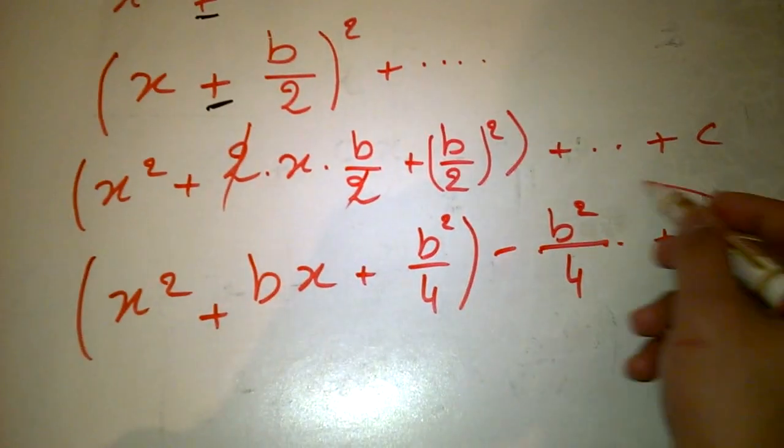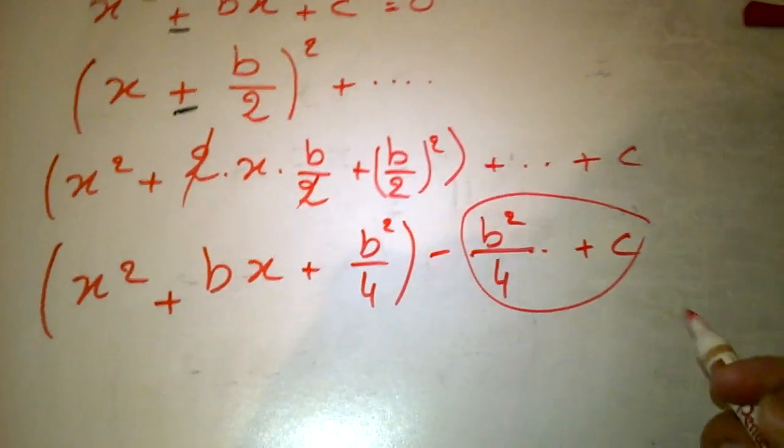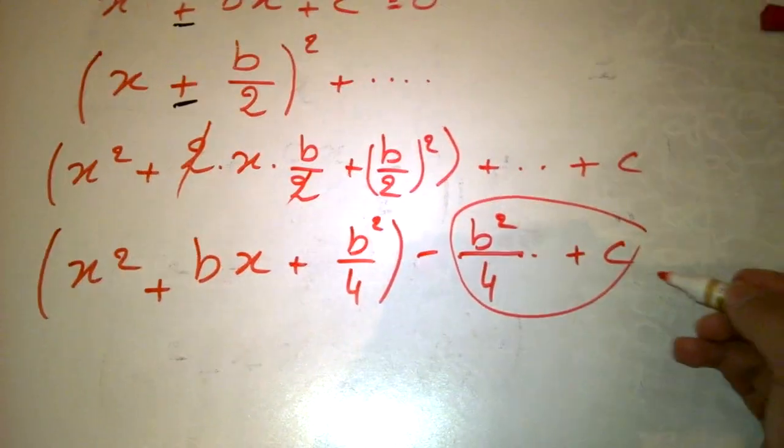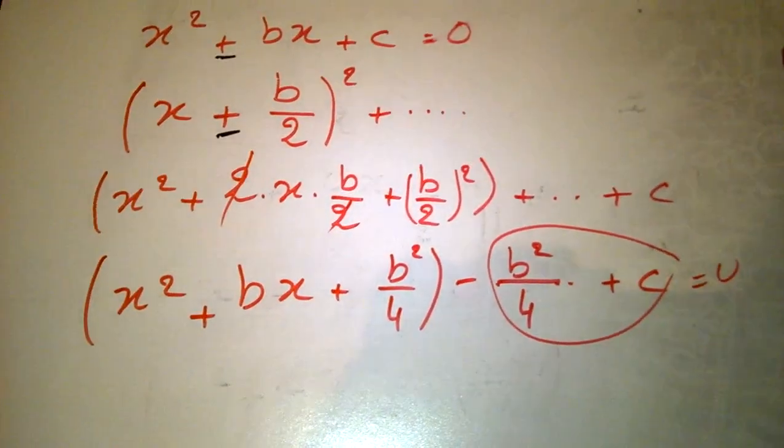These two constants we can add together, we'll get plus or minus something, and the whole is equal to 0, or the rest, it doesn't matter.